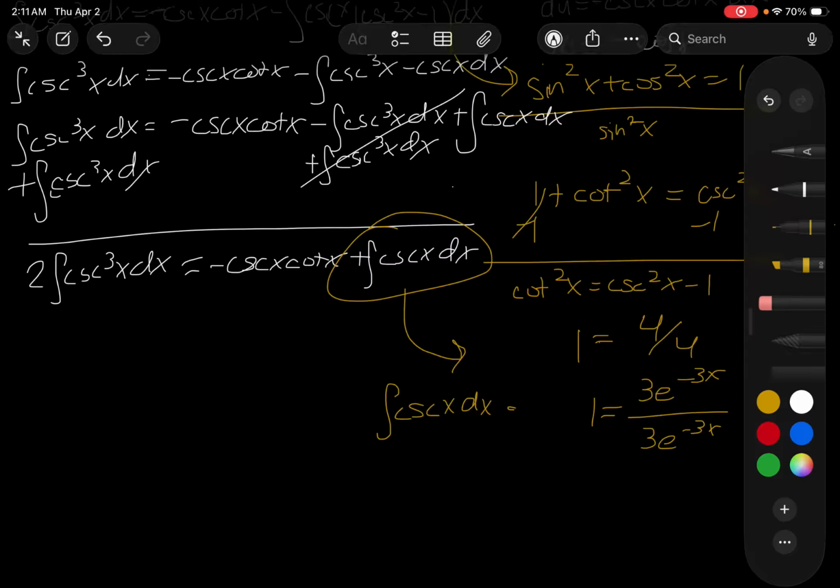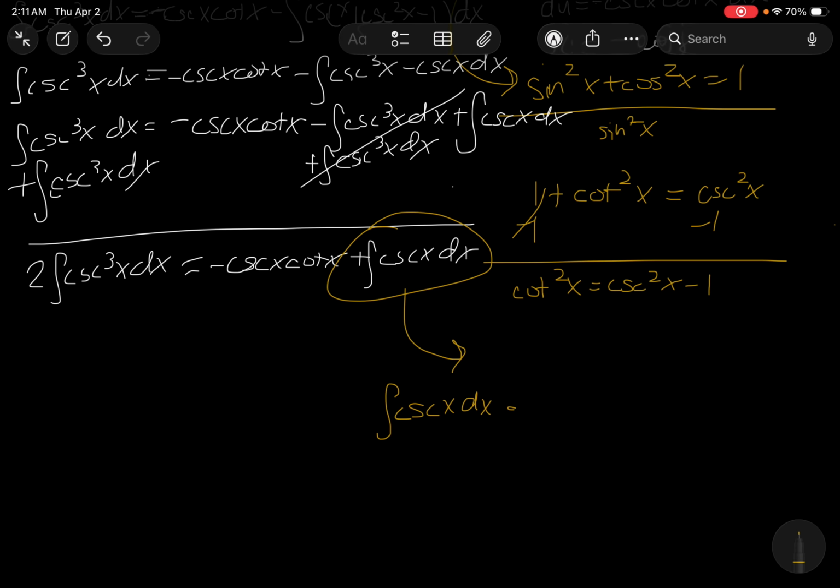Well, we're going to do something a little bit different here. It's a little bit complicated, but it's pretty self-explanatory. We're going to multiply by 1, but we're going to do it with cosecant of x plus cotangent of x over cosecant of x plus cotangent of x.